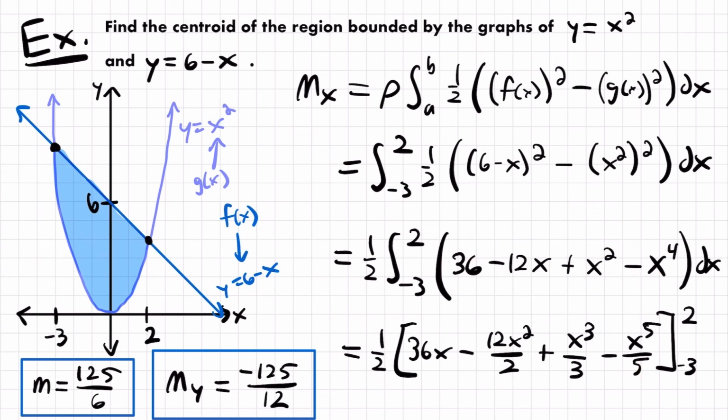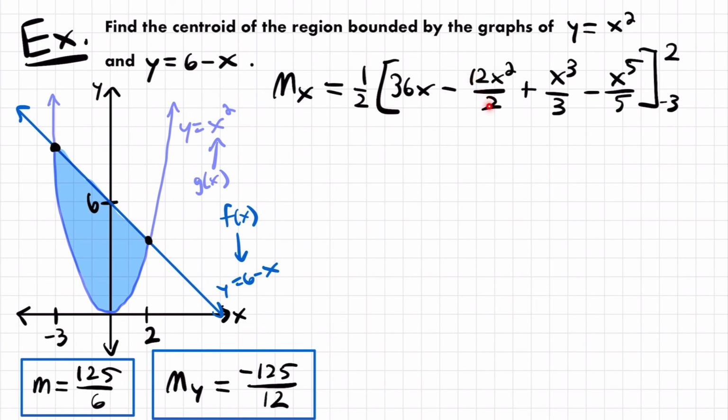And then for 36, 36 is just a constant, and so the integral is just going to be that constant, 36, times the variable of integration, which is x. Okay, and so if I clean up my work here, 12 divided by 2 is equal to 6, and so this term will be negative 6x squared.